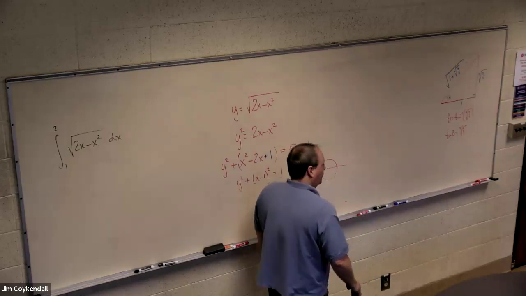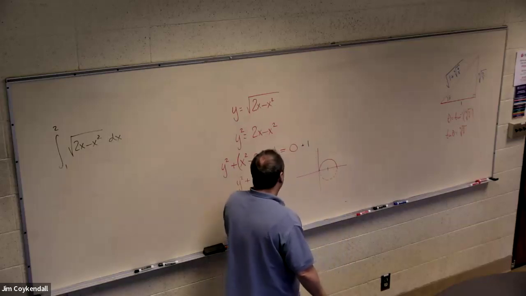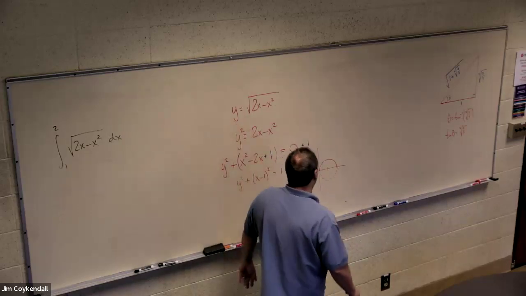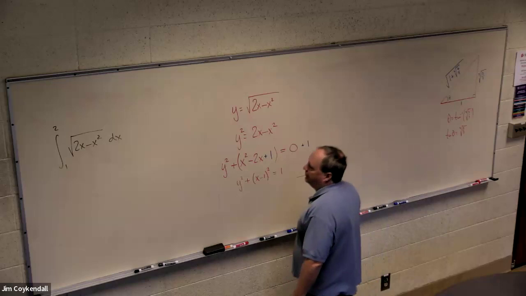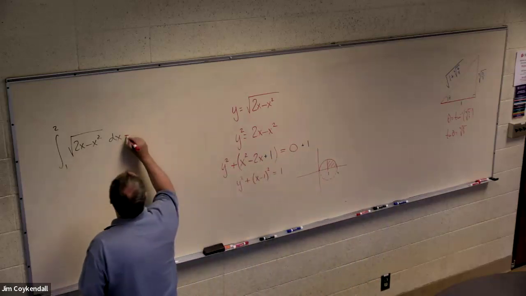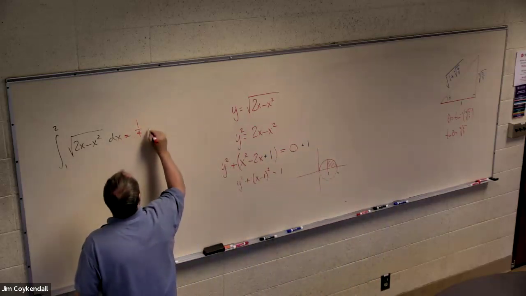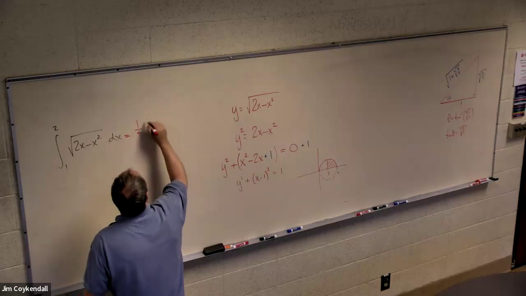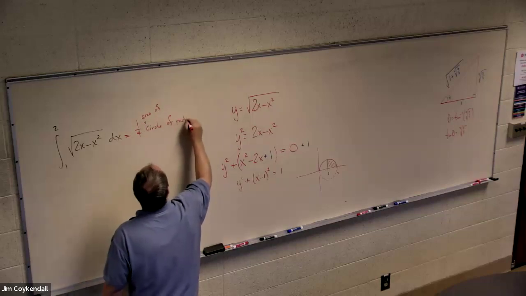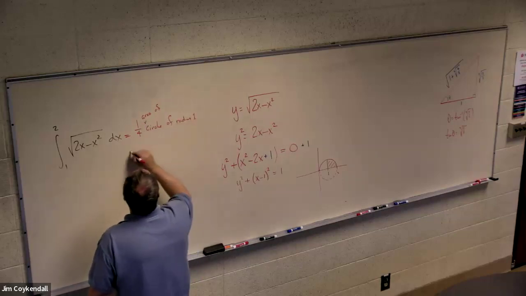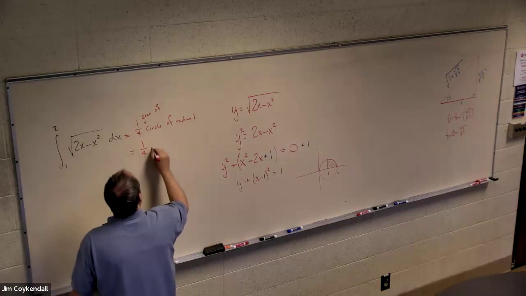That's what the whole circle is. But the original function was just the positive square root. So really, what this is saying is this is a quarter circle area of radius, in this case, 1. So it should be 1/4.